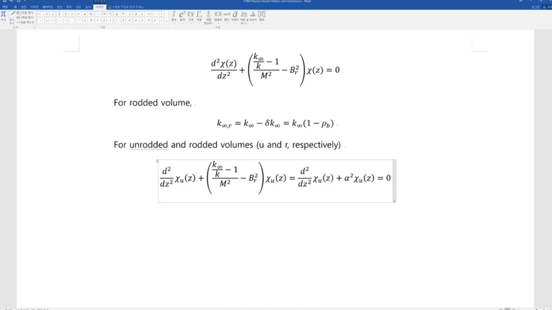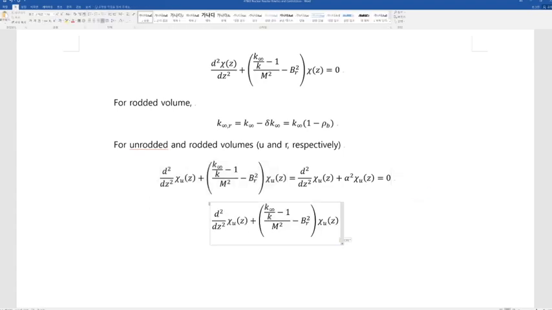So the difference in the loaded volume is that first, for the loaded volume, we are going to use chi r, and instead of k infinity for the loaded volume, we should use k infinity multiplied with one minus the worth of the control bank.